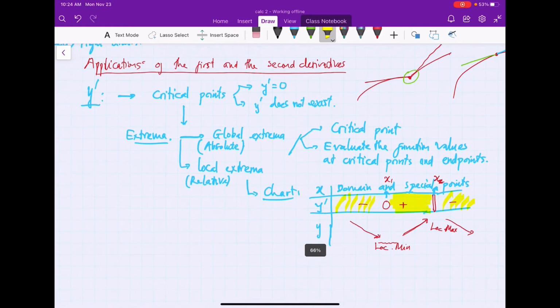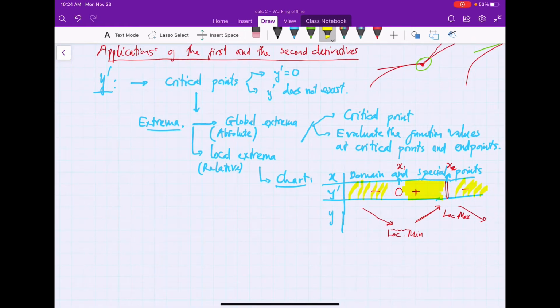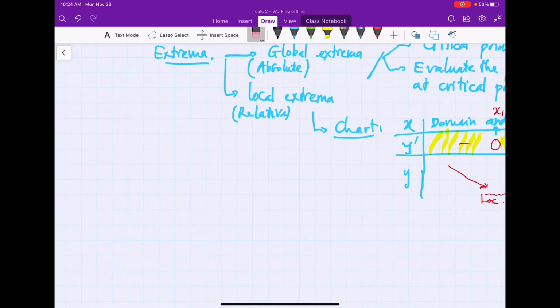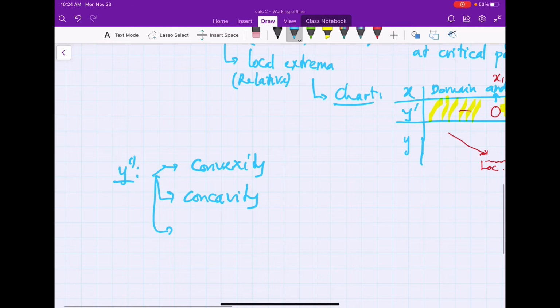And for the second derivative, we may get information about convexity or concavity of the function. And of course, we also know about inflection points, right?